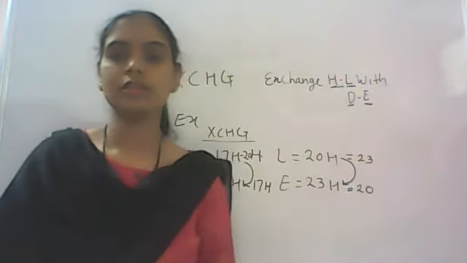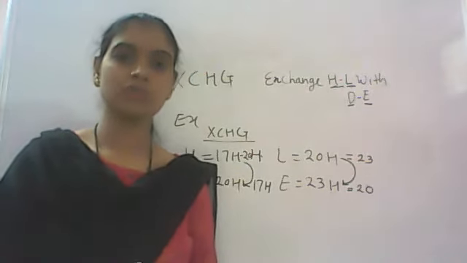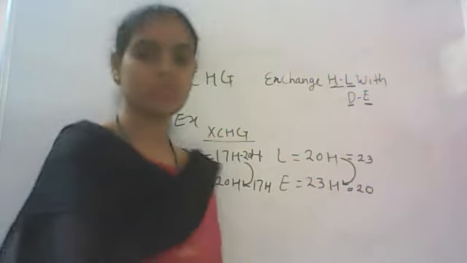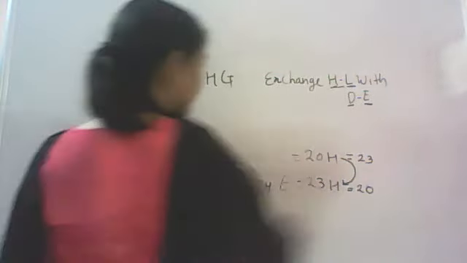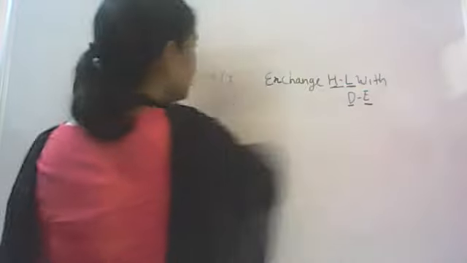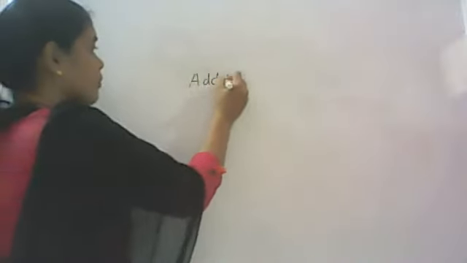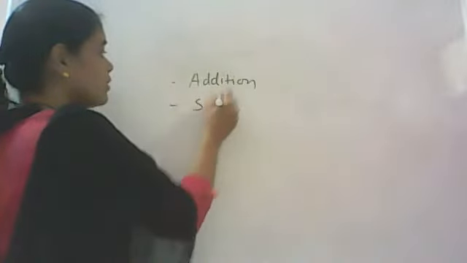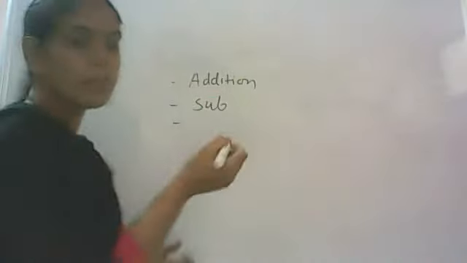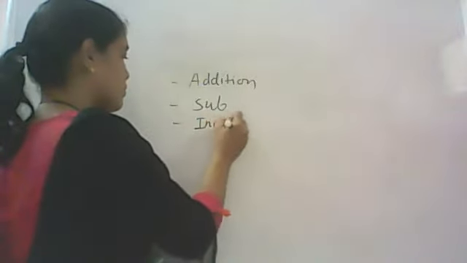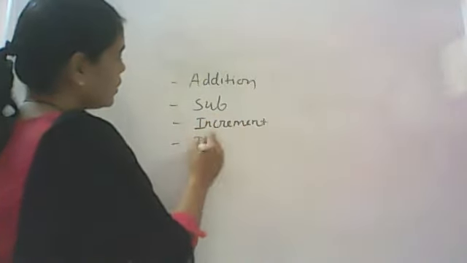Now, after that, we see the next group of instructions, that is arithmetic instructions. We all know what arithmetic is. These instructions perform operations like addition, subtraction, increment and decrement.